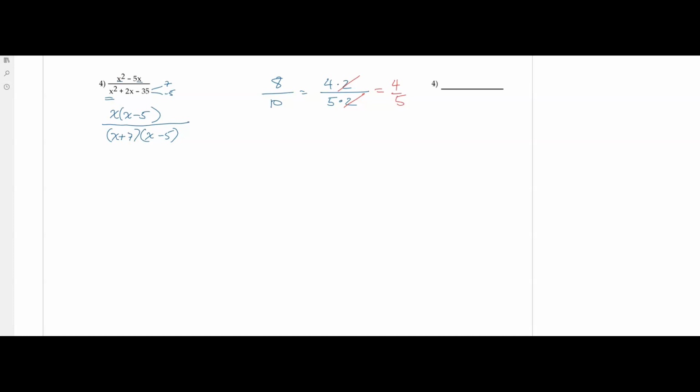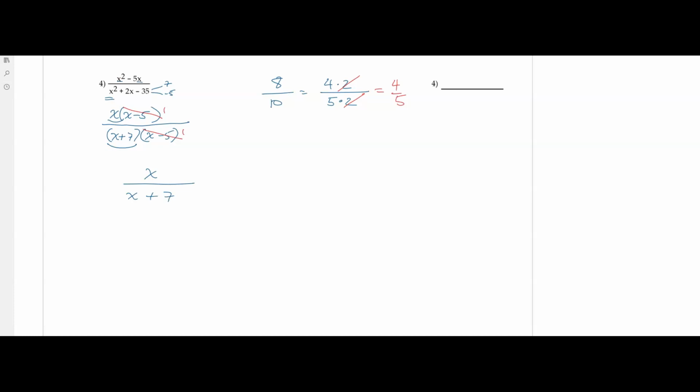Now I'm looking at reducing or simplifying this rational expression. I have to have the same factors on top and at the bottom, and x minus 5 is what is in common on top and at the bottom. So I divide them, because the fraction bar means division. x minus 5 divided by x minus 5 is 1 over 1, so they cancel out, and I'm left with x over x plus 7.